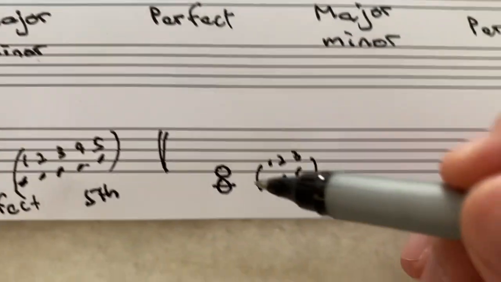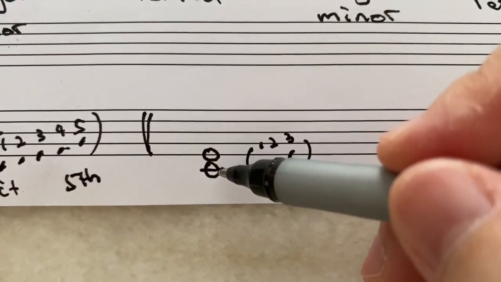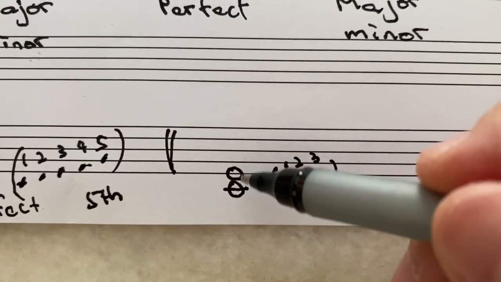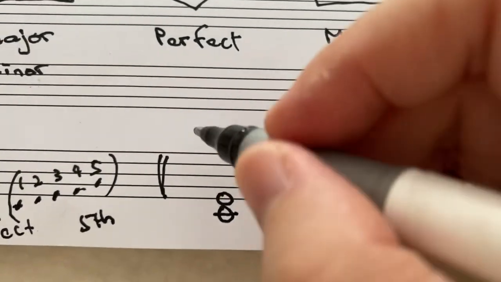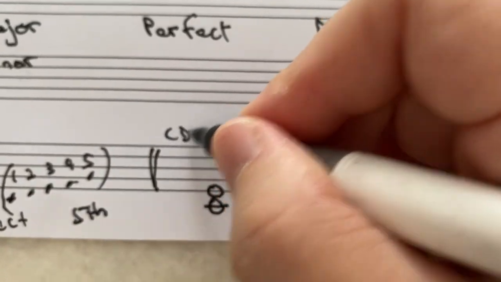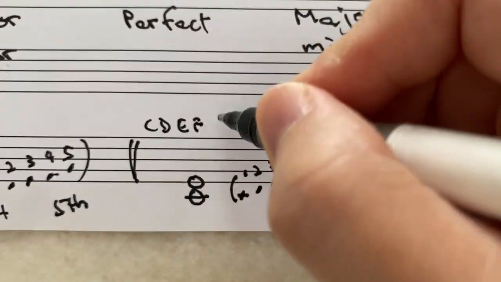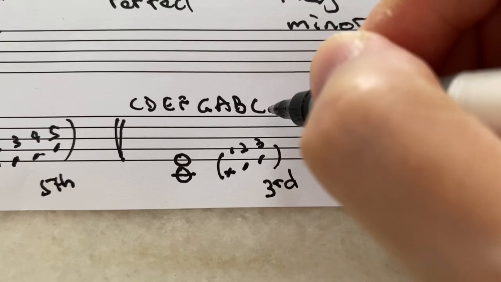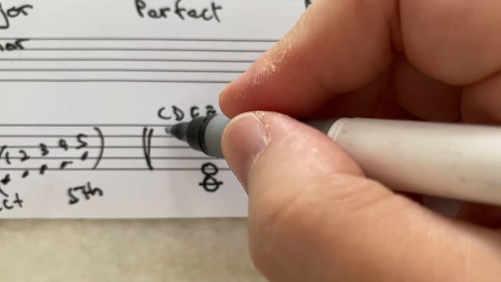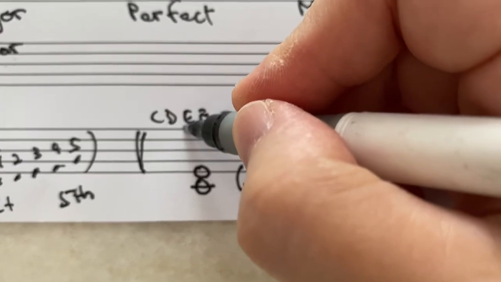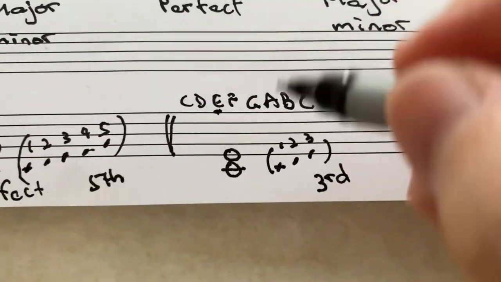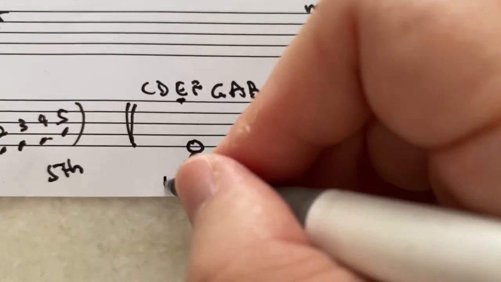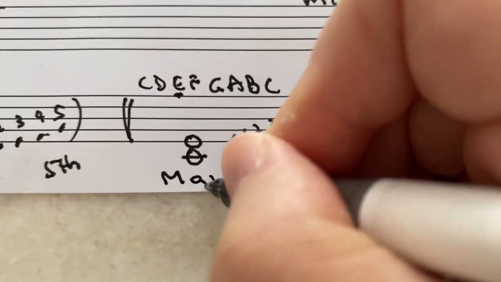So I ask myself, in the key of C major, does C major have E in it? So C, D, E, F, G, A, B, C. I write out the scale of C major, and yes, C major has the note E in it. So this interval is a major third.